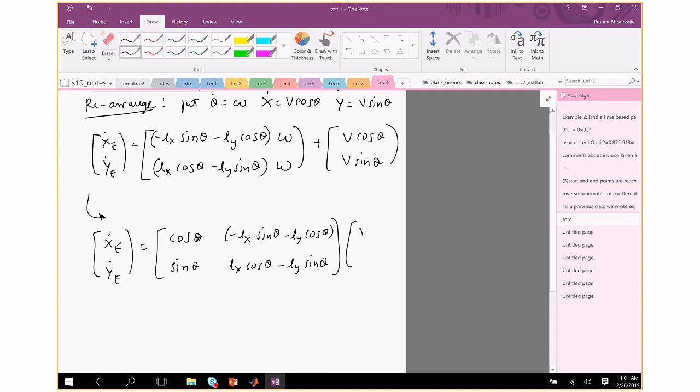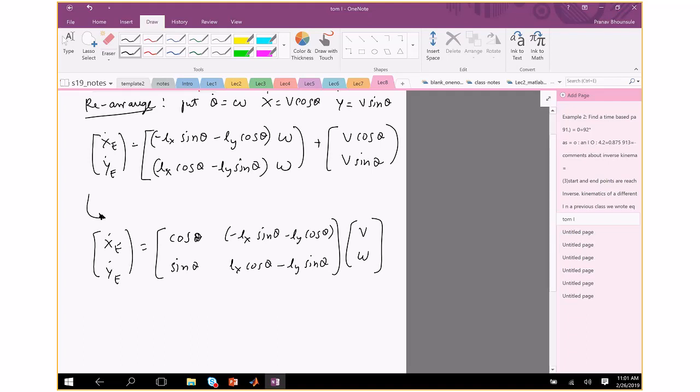Okay, and we have v, omega. The reason I wrote it this way is because remember that we can only control v and omega, right? v determines the forward speed. Omega determines the rate of change of the angle with respect to the horizontal, and we want to eventually control x dot, y dot.